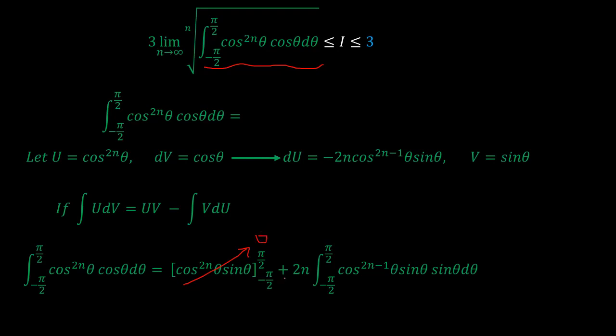Okay, here the negative becomes positive because of this. And so we have 2n integrating v du, or sine theta times cosine to the power 2n minus 1 theta sine theta. So we have sine squared theta there.